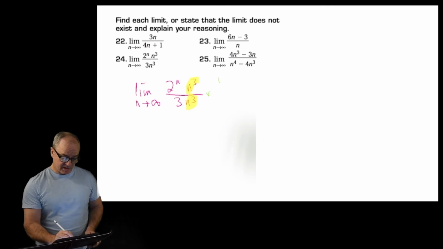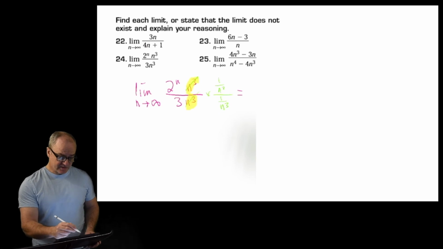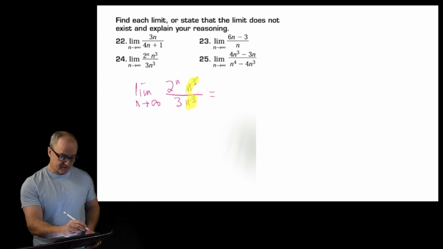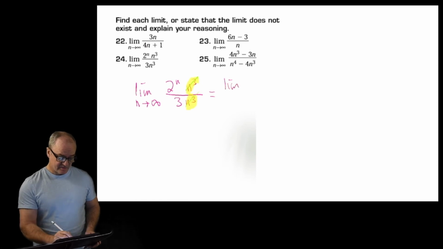So we're going to multiply top and bottom by 1 over n cubed. You can always multiply by 1. That's kind of nice. Or if you want to, just think of it as canceling out the n cubed, because there isn't anything else going on. Either way you decide to look at it, what you're actually staring at here when you're done is, oh, almost made my mistake that I don't want to make. Rewrite the limit sign.